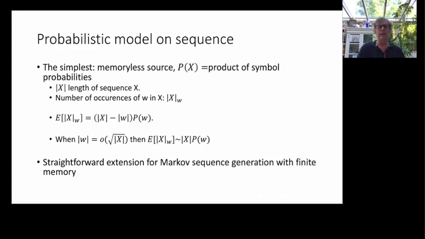When X is relatively large compared to the length of W, the expected number is basically the length of X times the individual probability of W. All this can be extended, with a slightly more complicated shape, to Markov sequence generation with finite memory.